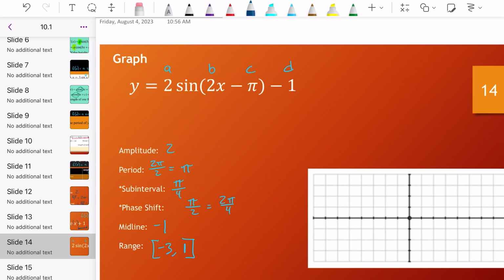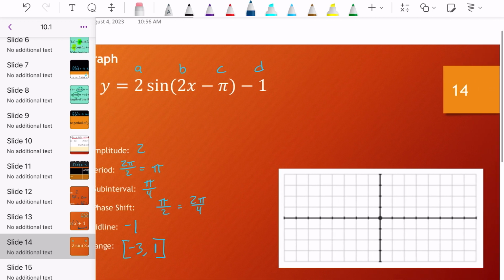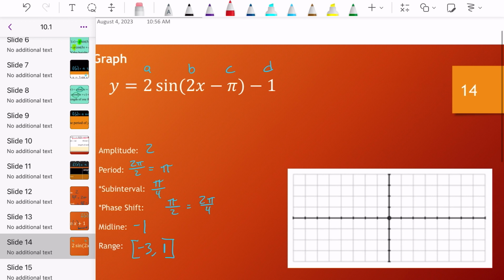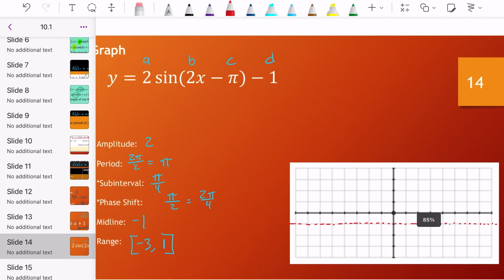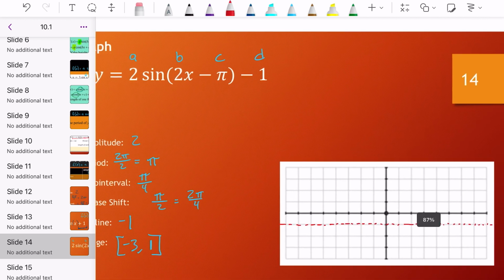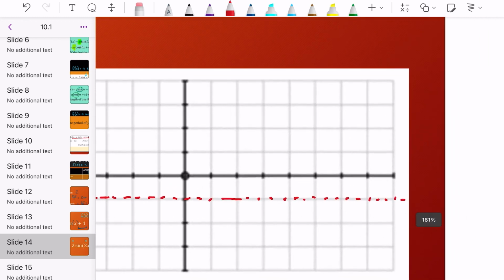We're going to go ahead and first graph our midline. Remember, dotted lines describe our midline. We're going to go ahead and write in exactly what is going on here.